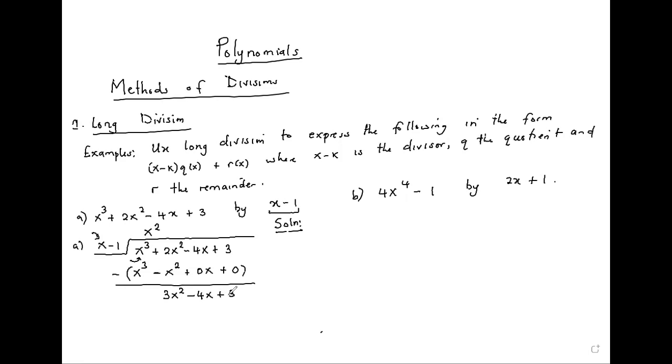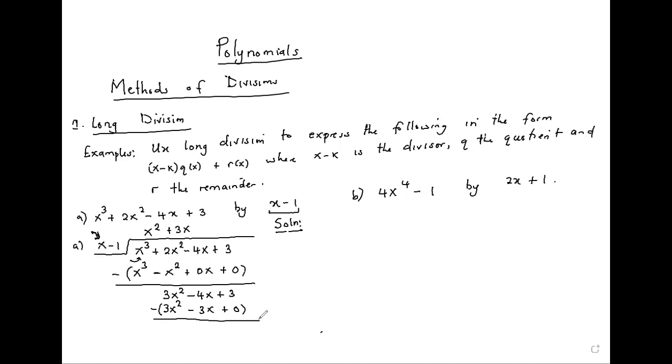Then we divide again. 3x squared divided by x, the very x that we are dividing in the first place. So we get plus 3x. Again, multiply, we have 3x squared minus 3x, and then plus a 0. Subtract, put it down, so we get 0 there.